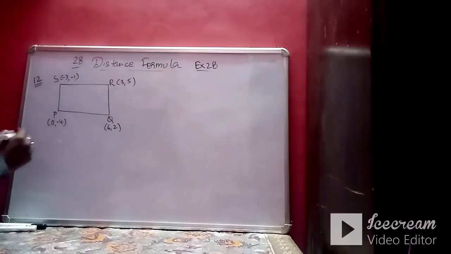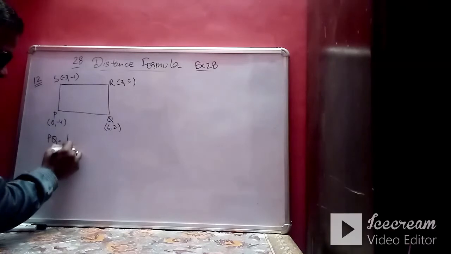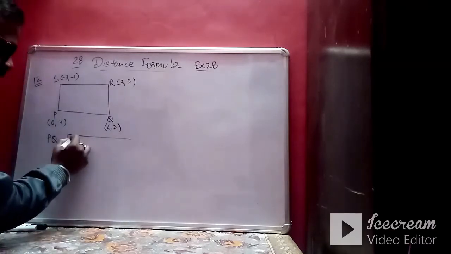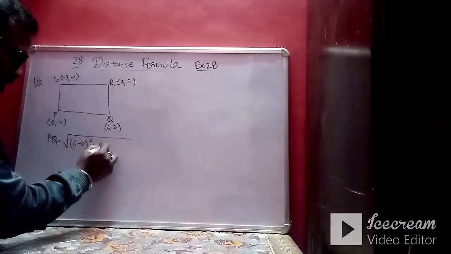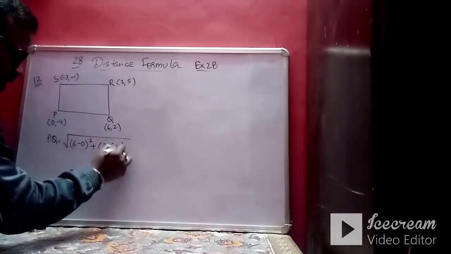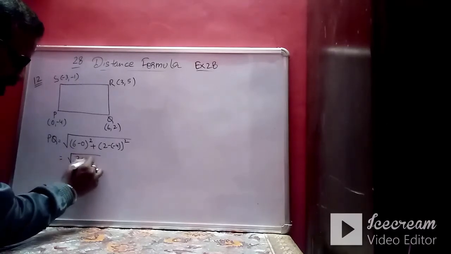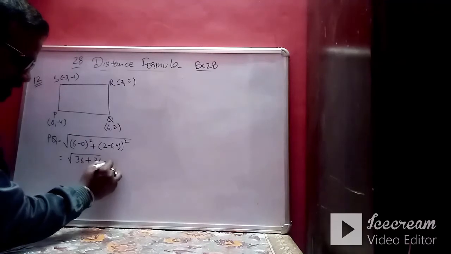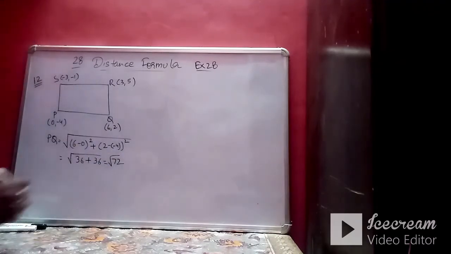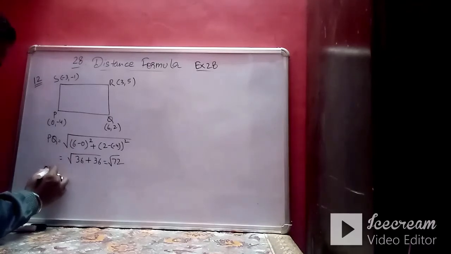So we will calculate the values. First we will calculate PQ. It will be under root (6 minus 0) square plus (2 minus -4) square. So it will give you 36. 2 plus 4 is 6, so it is also 36. It is root 72. Then we will calculate QR.